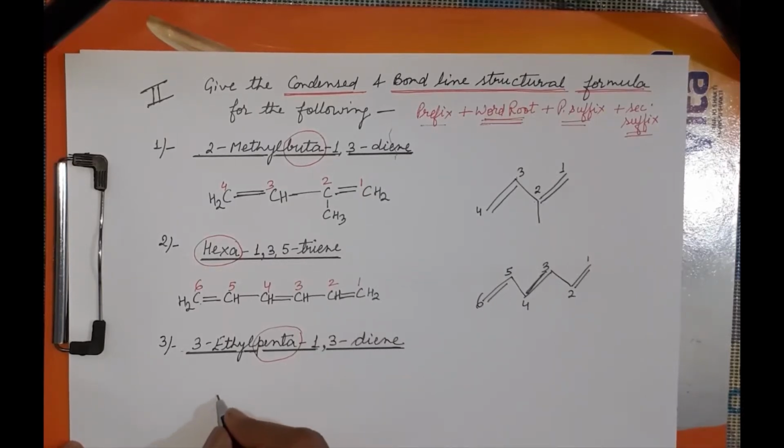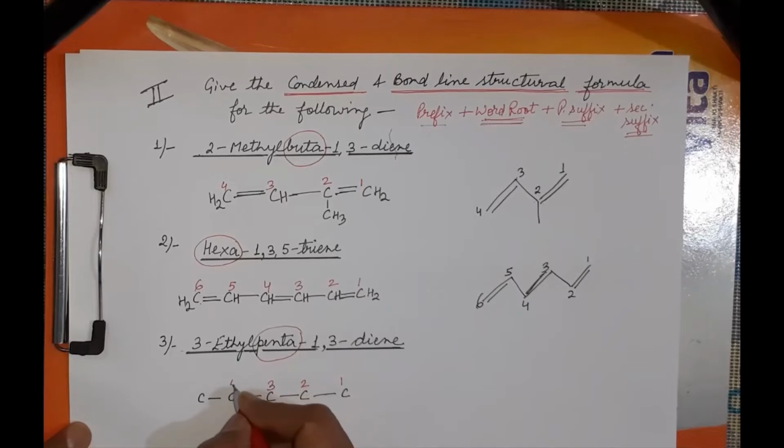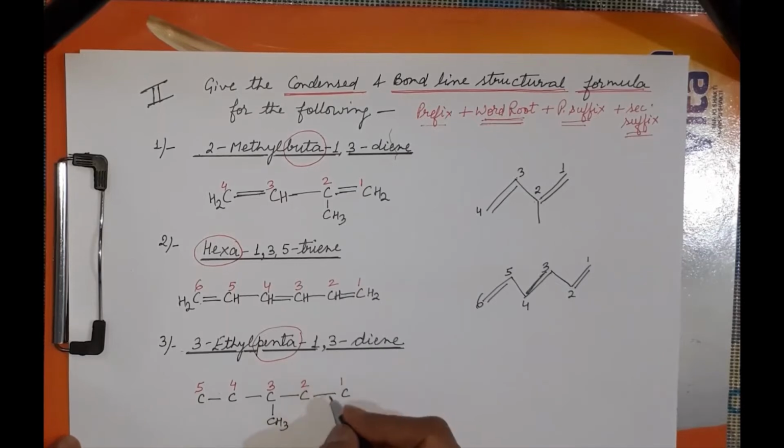So first let me write a 5 carbon atom chain, and then numbering 1, 2, 3, 4, 5. C3 having 1 ethyl group. 2 double bonds are there and the positions are 1 and 3. This is 1, this is 3.